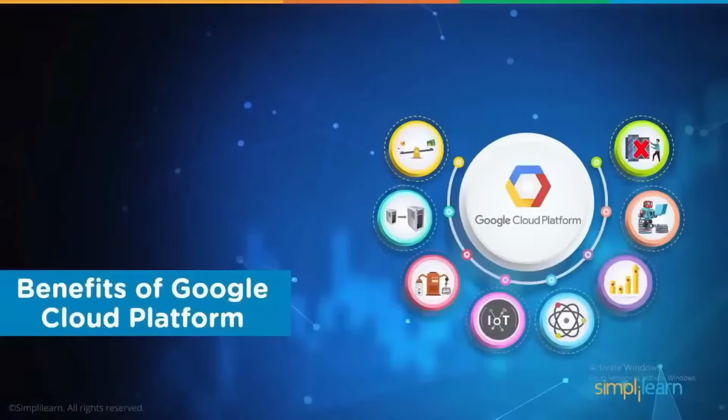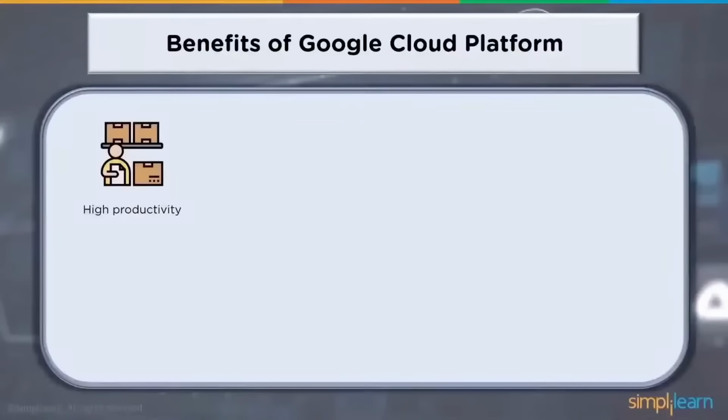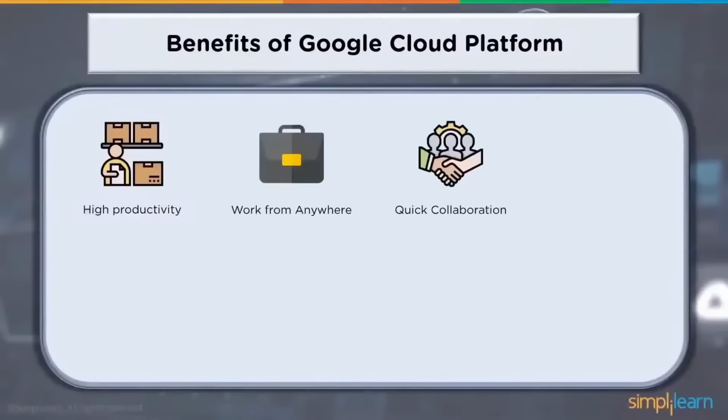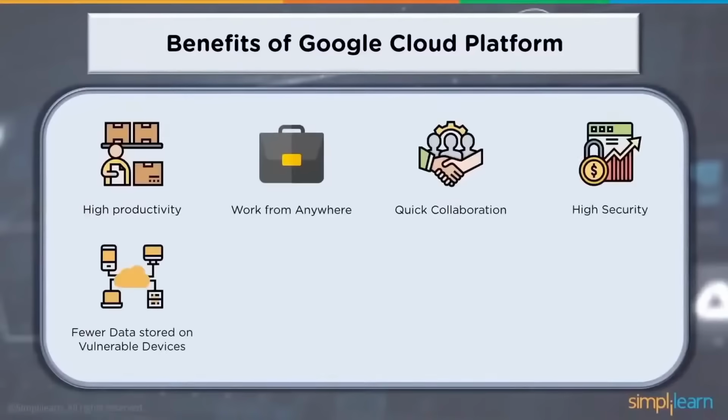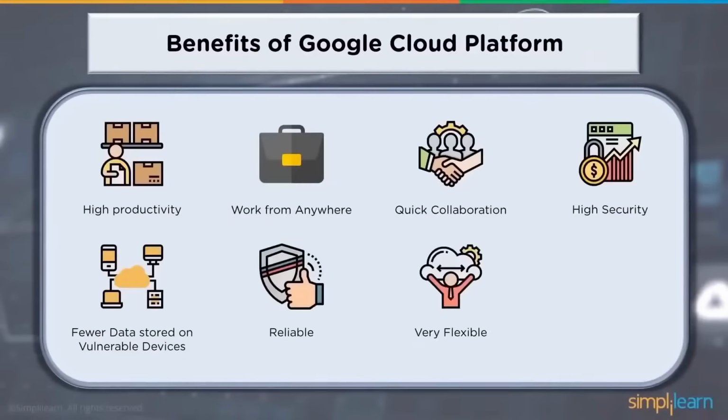Let's learn about the benefits of Google Cloud Platform, such as high productivity, working from anywhere, quick collaboration, high security, fewer data stored on vulnerable devices, reliable resources which can be used across the organization, across geographical regions, across countries, very flexible, which allows organizations to scale up and down as the demand rises or declines, and cost-effective solutions for various use cases.